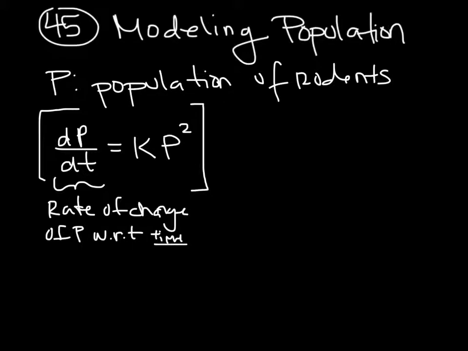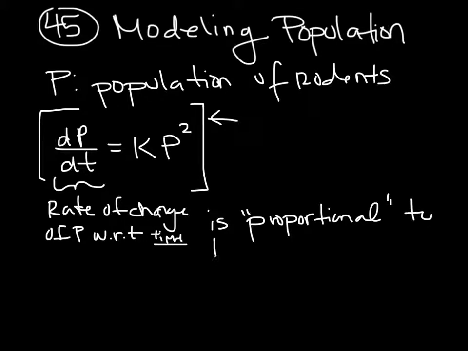So this is saying that the rate of change, so let's write it in words, the rate of change of P with respect to time is proportional, keyword proportional, or another way of saying it, varies directly, to the square of the population.